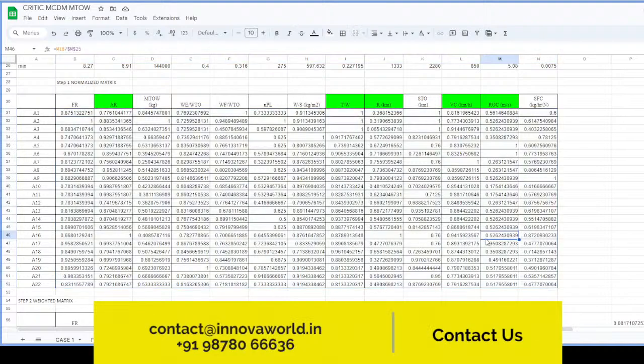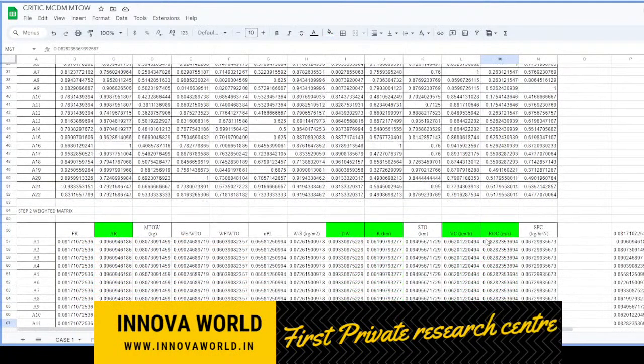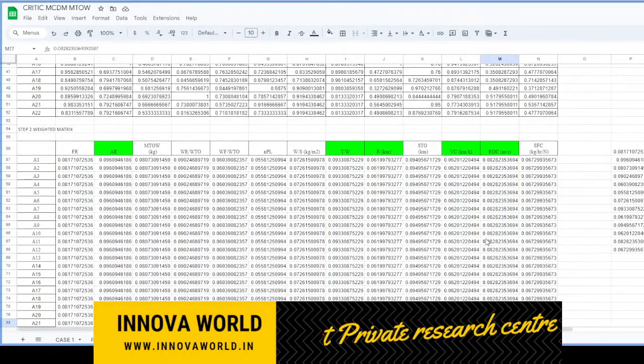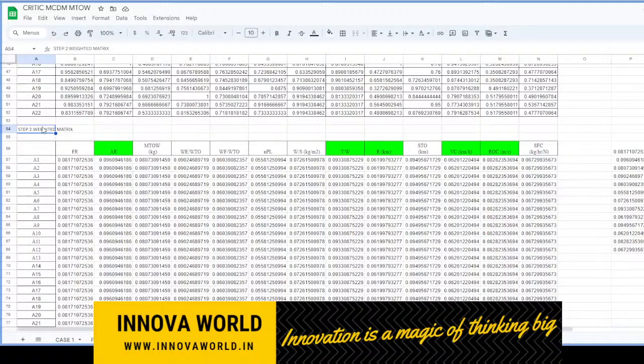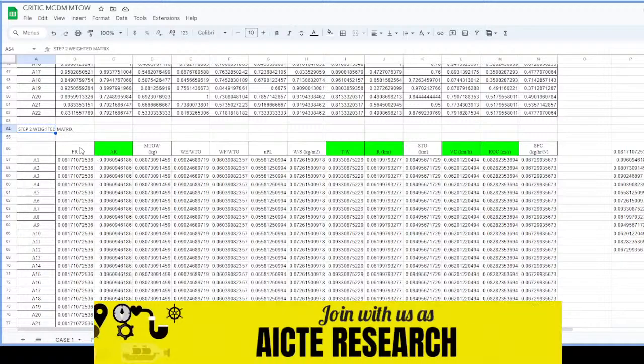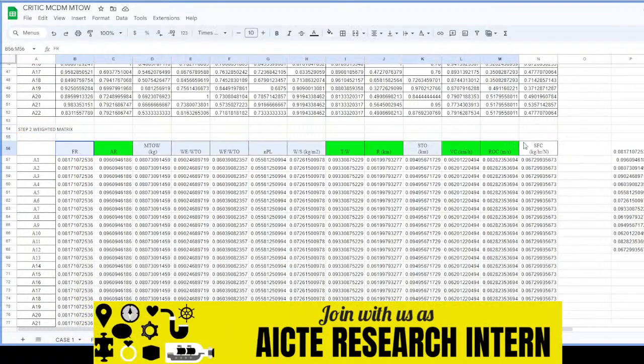So after normalization, a very important step is to give the weight. Now what is weight? Weight is the next step, to give the importance. How important is the parameter?